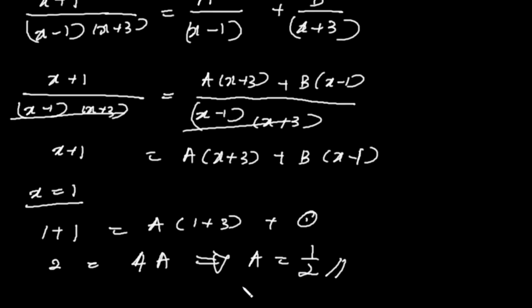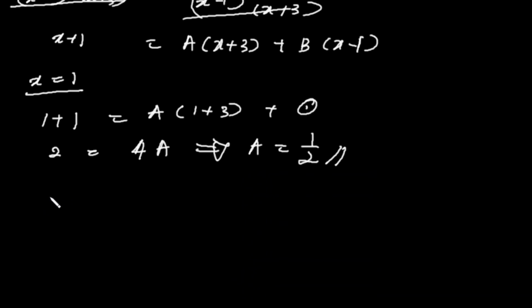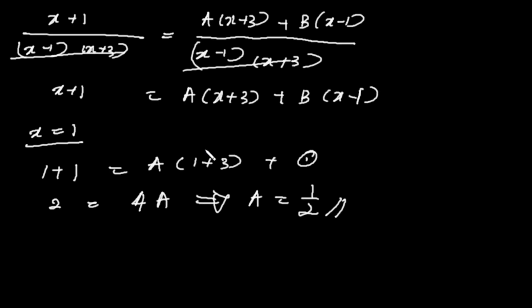Then you need to find the value for b. So you can substitute another value for x. If you substitute x equal minus 3, this part will become 0. You can see, if you substitute x equal minus 3, minus 3 plus 3 means 0, so you can find the value for b.